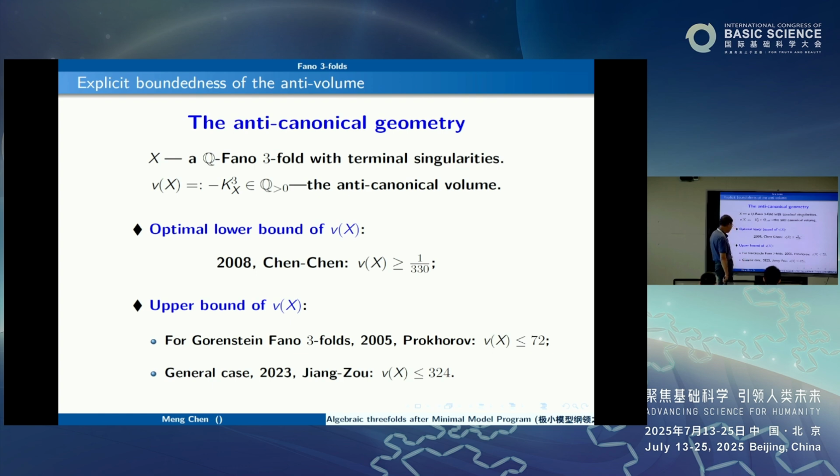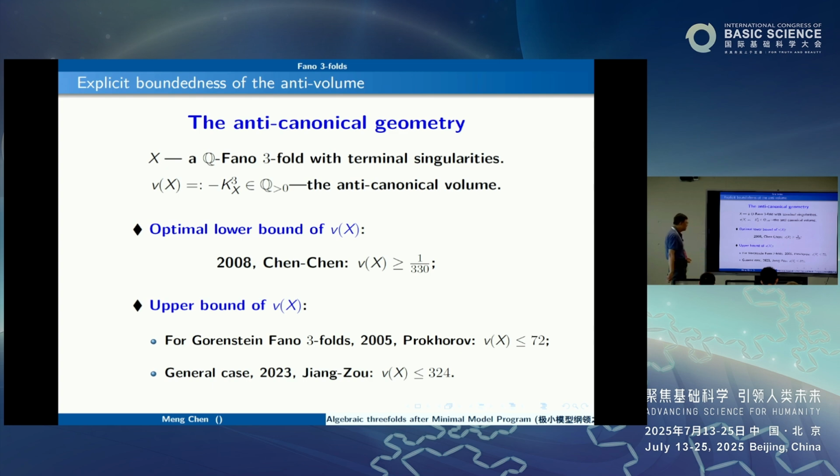I will mention this. For the upper bound of the anti-canonical volume, it has taken a long time to achieve this. Previously, Prokhorov and his group maybe had some upper bounds, but so far the known optimal upper bound is for the Gorenstein case.